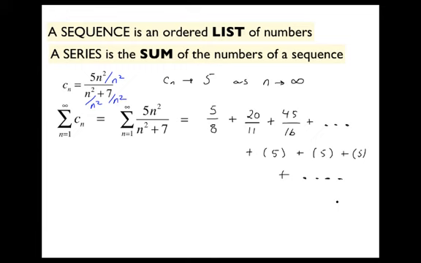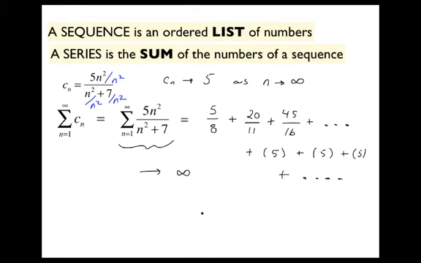You get out to a number n where it's essentially 5, and then you keep adding numbers that get closer and closer to 5, which is essentially just like adding 5 over and over and over again. Divergent, because you're just adding an infinite number of 5s together. But the sequence is fine. The sequence converges to 5, right? Those terms are getting closer and closer to 5.